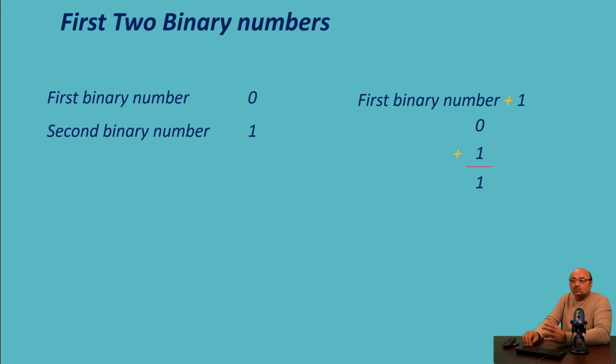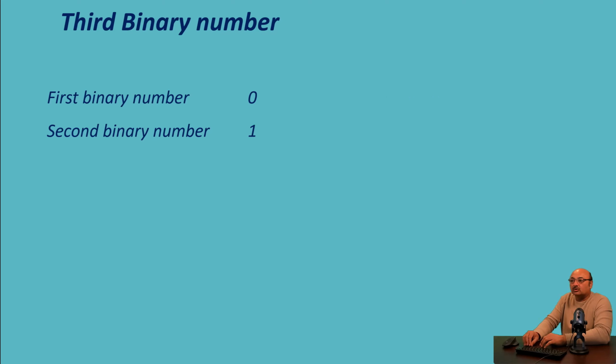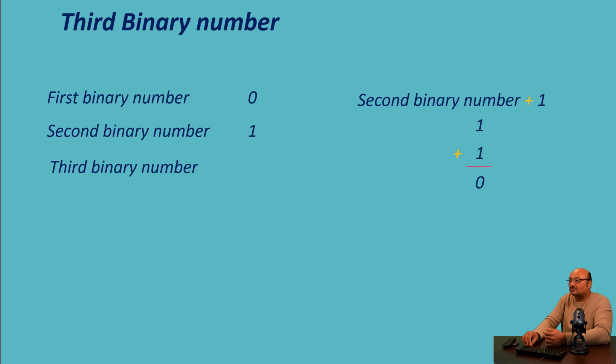Taking the same approach for the third binary number, we take the second binary number, 1, and add 1 to it. So 1 plus 1 gives us 0 and 1 carried over, and that's why the third binary number is 10.